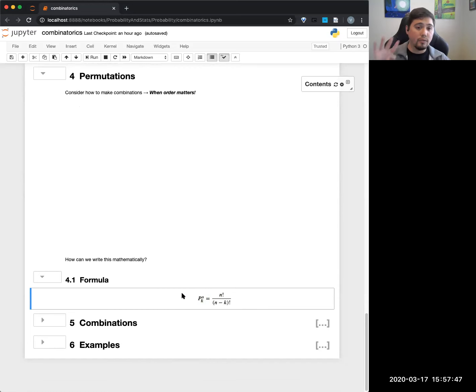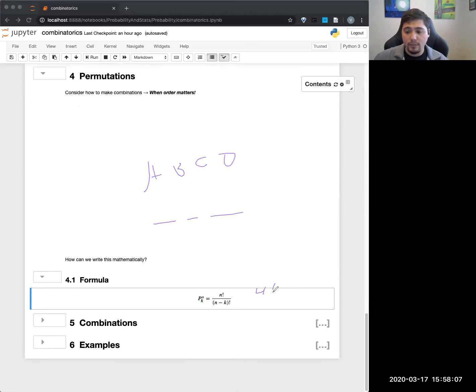So if we have 4 letters and we're choosing 3 letters from that, n equals 4, and then k would equal 3. Hence that little factorial in here. So with that example of A, B, C, D, but only choosing 3 things, that would be 4 factorial divided by (4 minus 3) factorial, which is simply 4 factorial over 1 factorial, which is just 1.